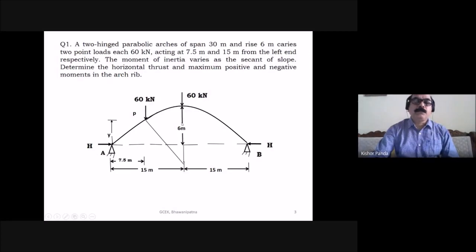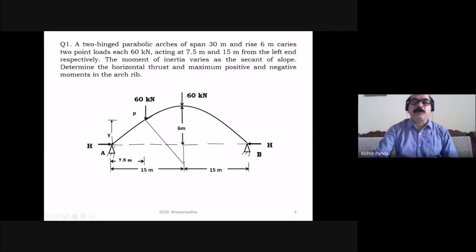So you take the moment of these two forces for the beam moment. That is VA into 15, the horizontal distance is 15. This is clockwise, and due to the downward force, anti-clockwise, minus 60 into the perpendicular distance. The perpendicular distance is 7.5 meter, because the total is 15.